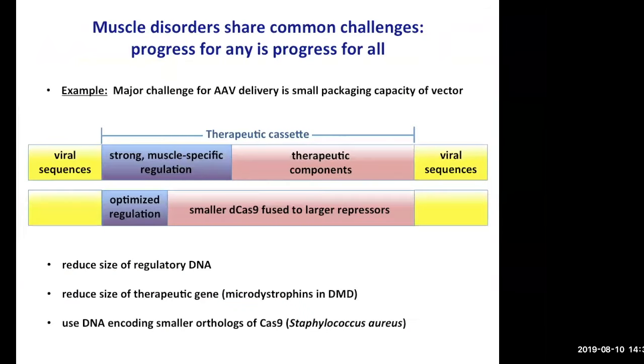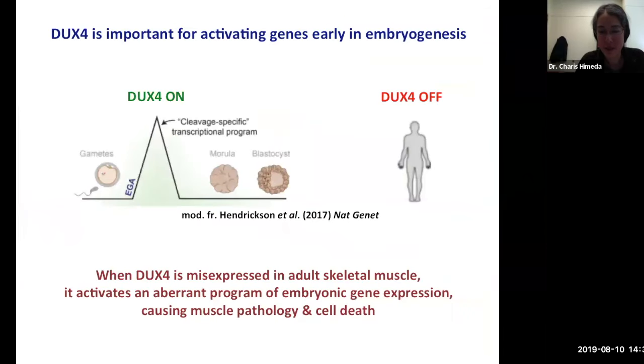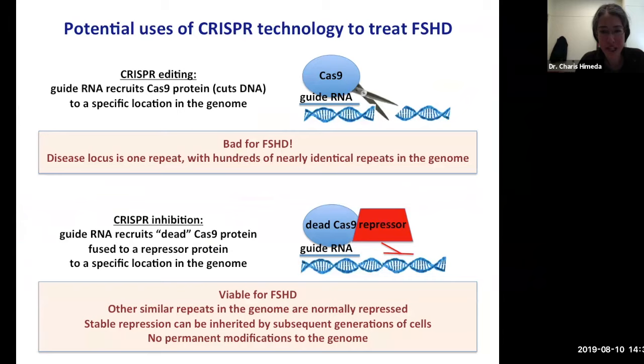But can you explain a little more about that? Sure, and I hope this wasn't confusing. When I mentioned that using CRISPR to inhibit the locus, if this repression is stable enough, it can be inherited by subsequent generations of cells. Muscle cells, as they exist in the body, are post-mitotic, so they don't divide.